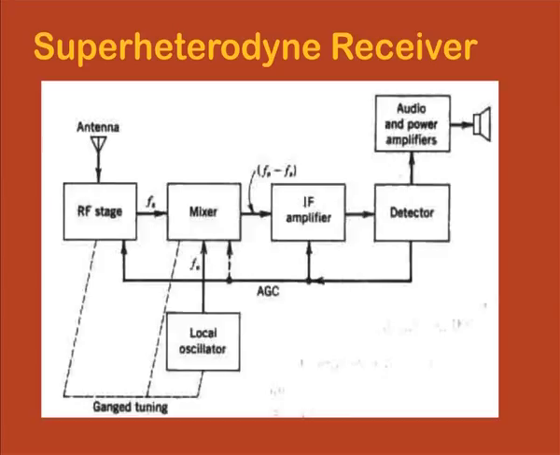So, there is an amplifier circuit, there is a detector, then there are audio and power amplifiers, and then the output. The input RF front end stage is gang tuned.